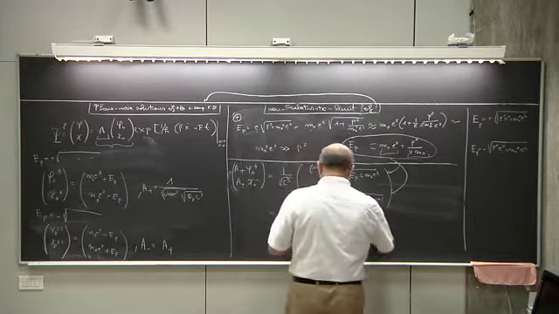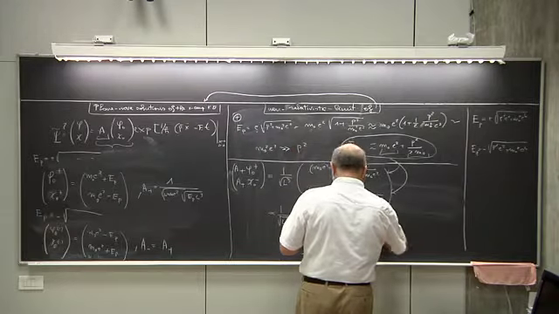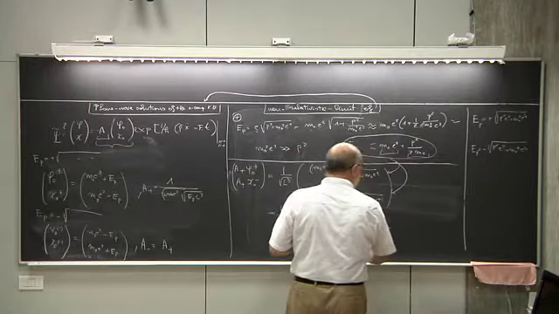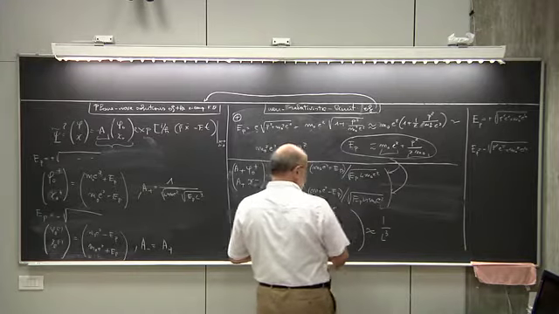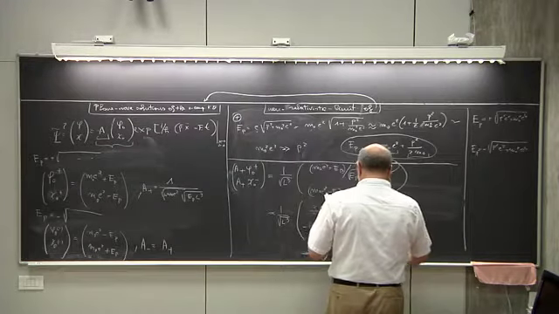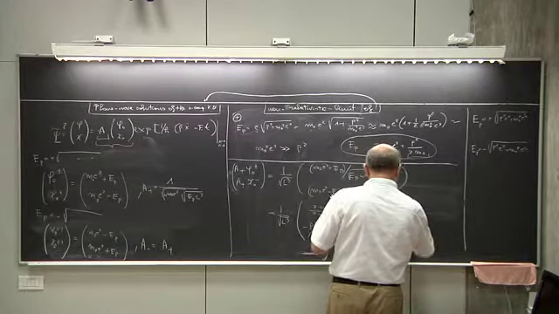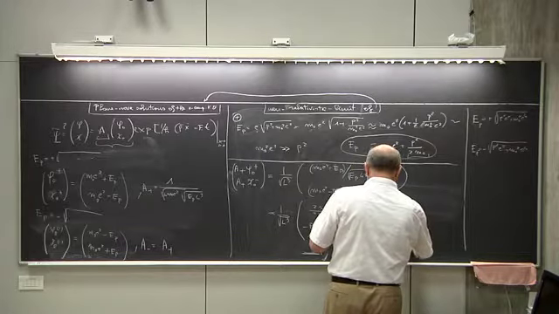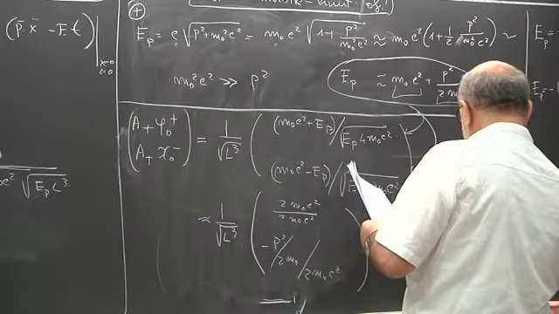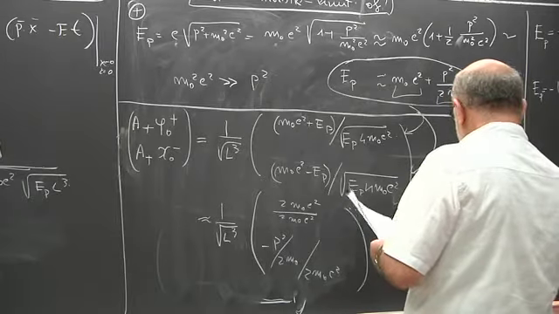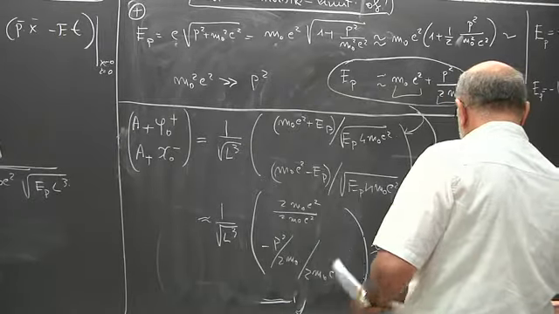But this is nothing else than L cube. We will work out one of the two terms in a minute, okay? 1 over L cube square, 1/4 V0 over c, the minus in front, square.